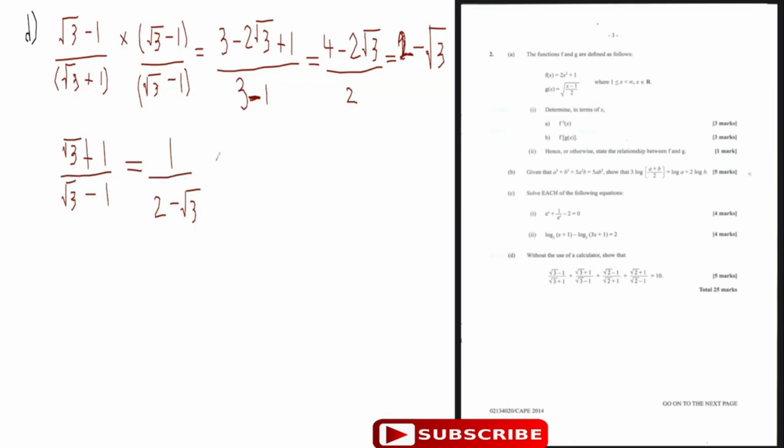All right. And then I can actually rationalize this. You can rationalize this part by multiplying this by 2 plus root 3 over 2 plus root 3.